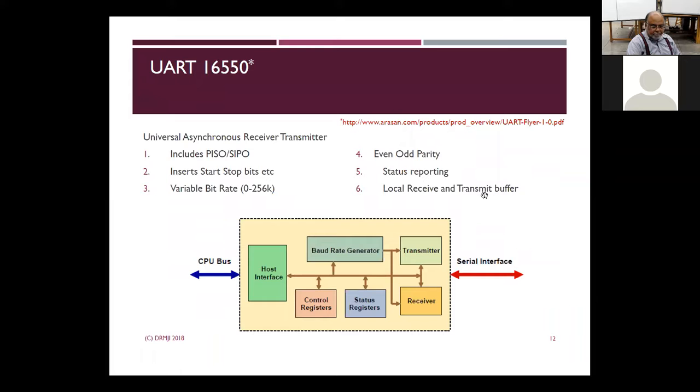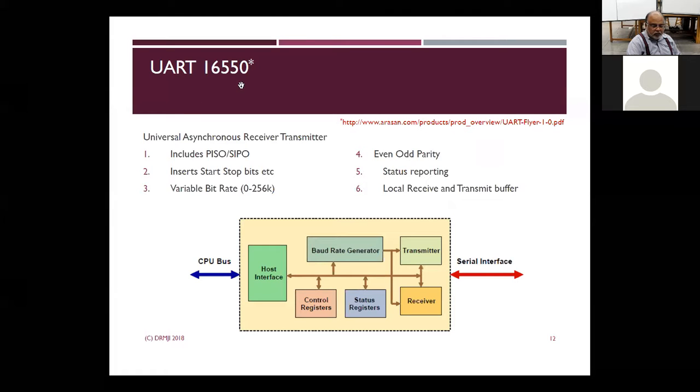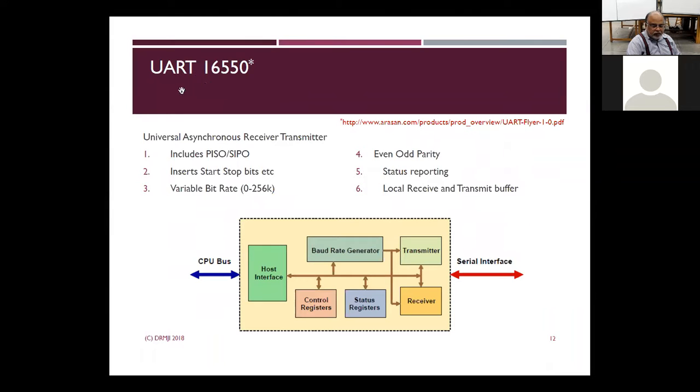And the UART 16550 is a very, very popular IC. You don't have to buy this separate IC. What you do is you buy the IP of this IC, so you can insert all the design of this IC inside another IC. That is called IP, intellectual property.